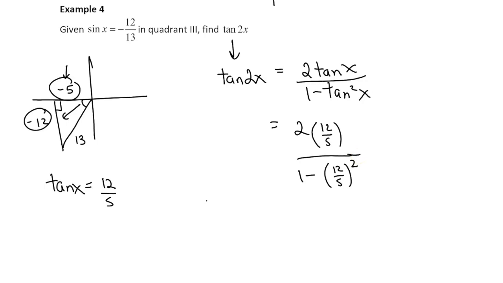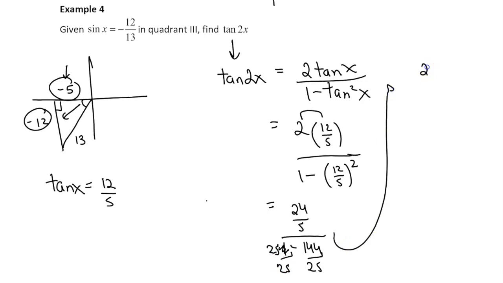And that's not the nicest looking fraction, so let's see what we could do to clean that up a little bit. We could get 24 over 5 over 1 minus 144 over 25. And let's continue to tidy that up. So instead of having 1, let's write this as 25 over 25.